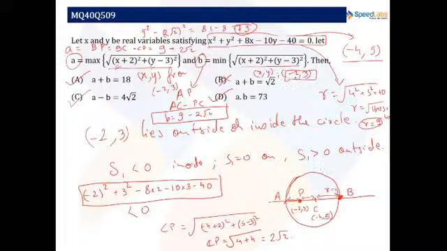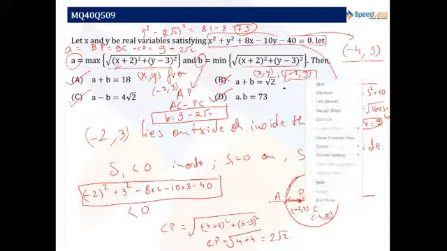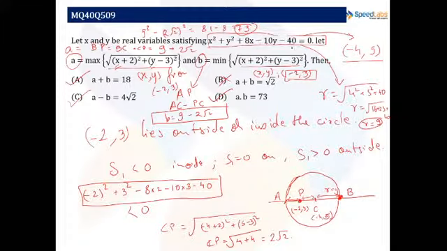On substituting x equals to minus 2 and y equals to 3, if we are getting this value as negative, then this point lies inside the circle. If this value comes out to be 0, then this point lies on the circumference of the circle. And if this value would have come out positive, then this point minus 2 comma 3 would have lied outside the circle.